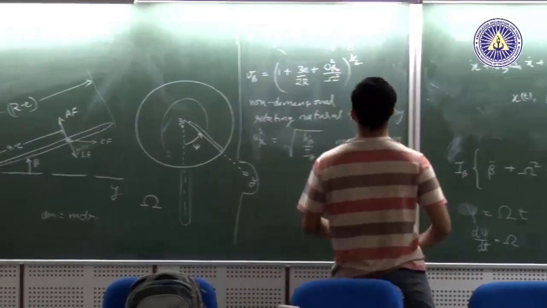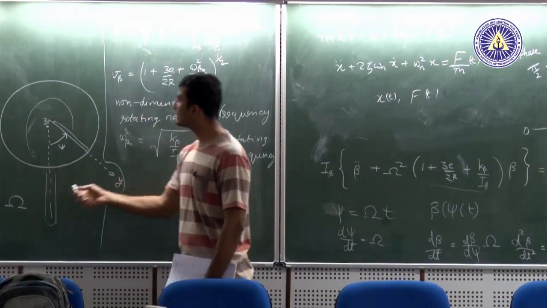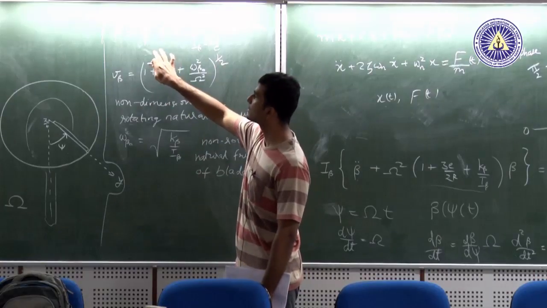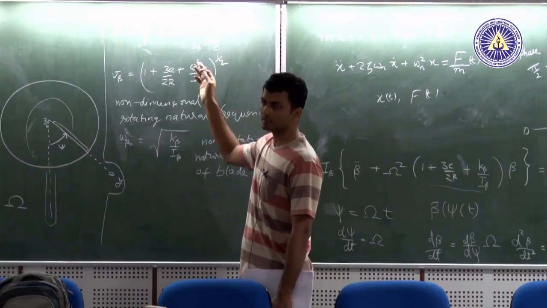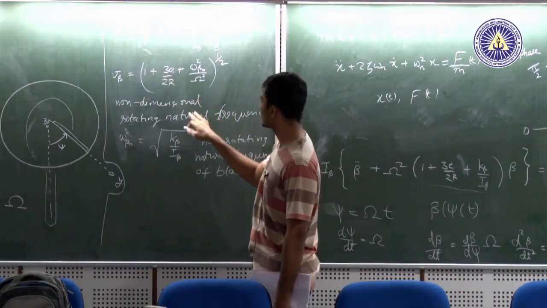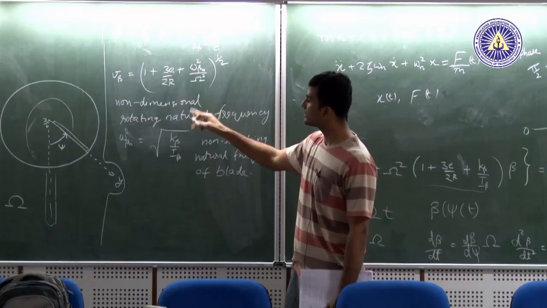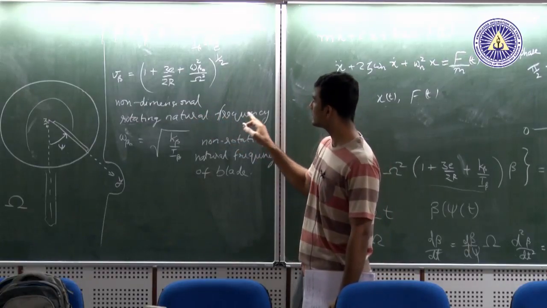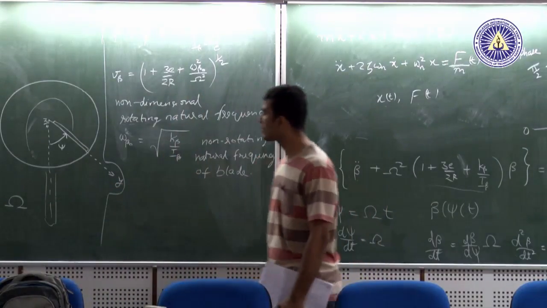Now the question is, what is the relation of this forcing frequency to the natural frequency of the system? So the natural frequency of the system is nu beta times omega, because nu beta is the non-dimensional rotating natural frequency. If you want to give it the right dimension, then you have to multiply it with this omega. Okay.